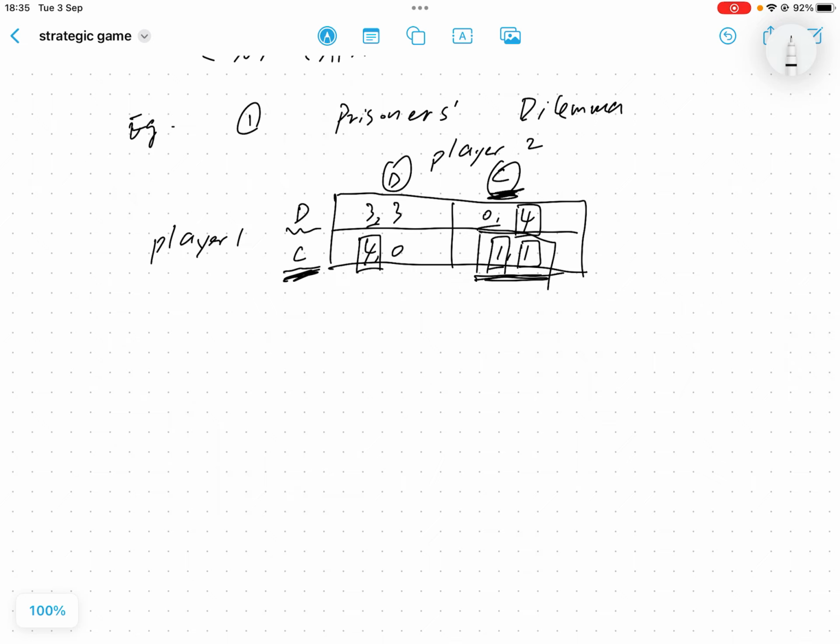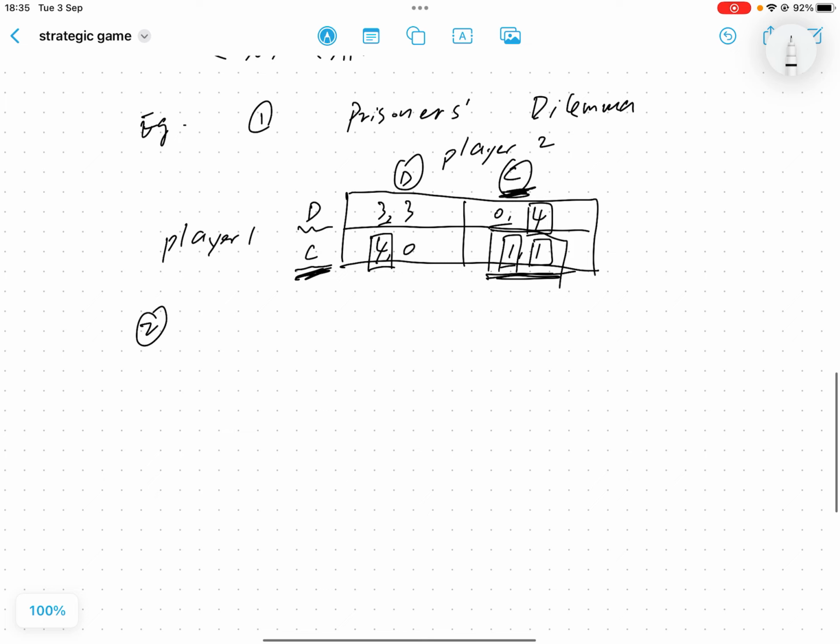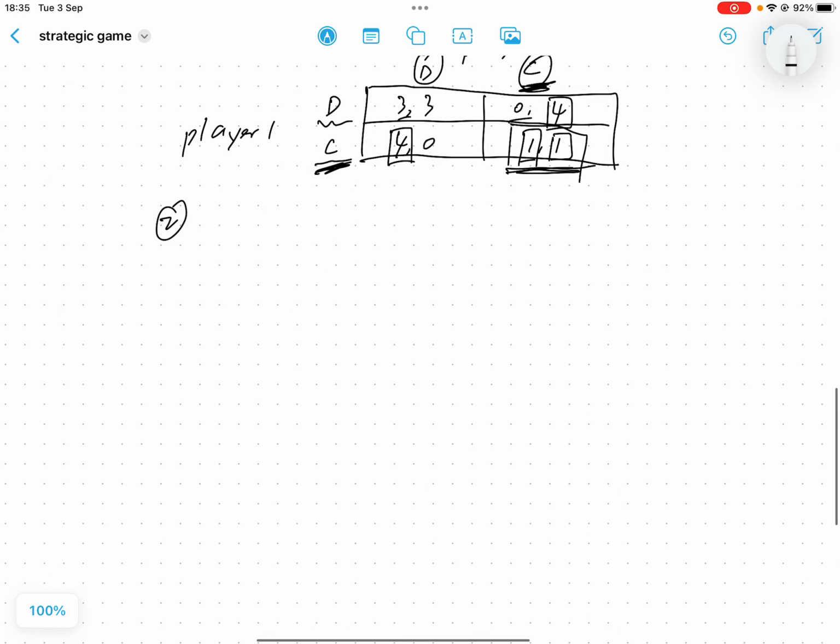So that's the first beginning example, and we can have some other examples to show the possible instances for the games. The other one is called Hawk and Dove.